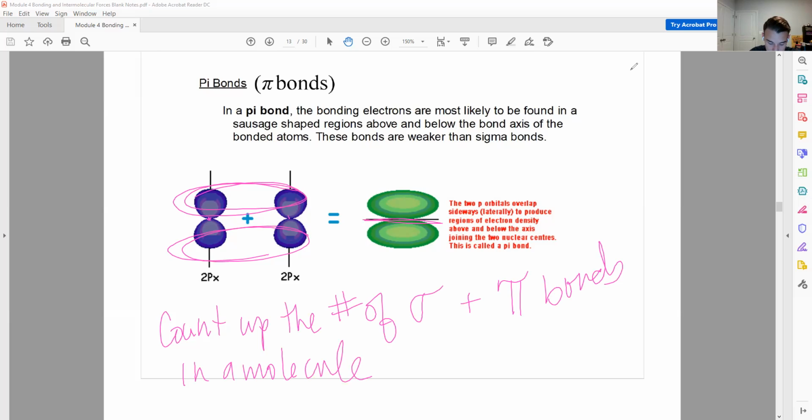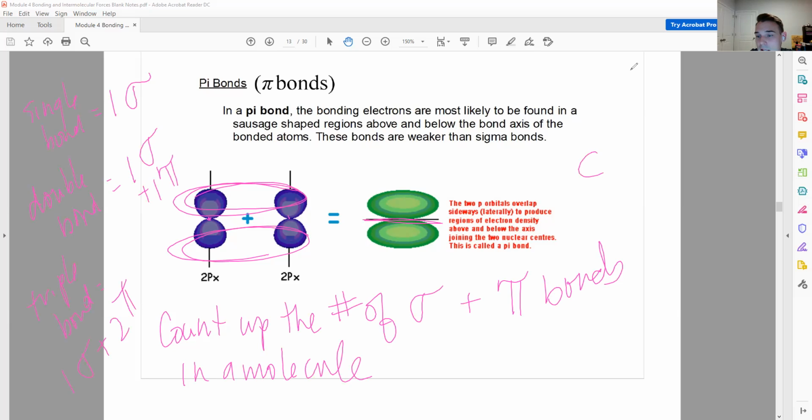So remember, a single bond equals 1 sigma. A double bond equals 1 sigma and 1 pi. And a triple bond, 1 sigma and 2 pi.